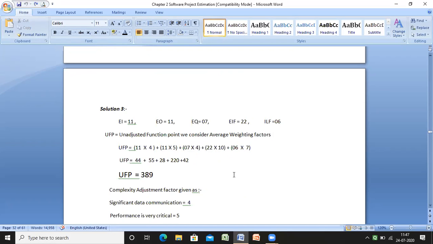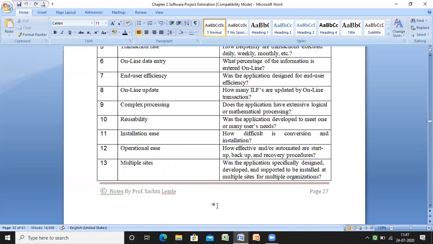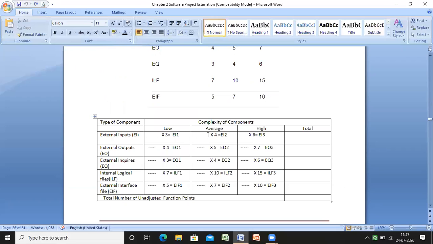Now, if you look at this table, you will get to know about it. Whatever values I put over here, the remaining are 0, 0. I'm going to treat it and calculate here.